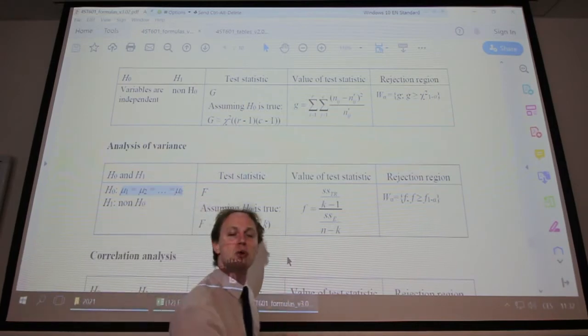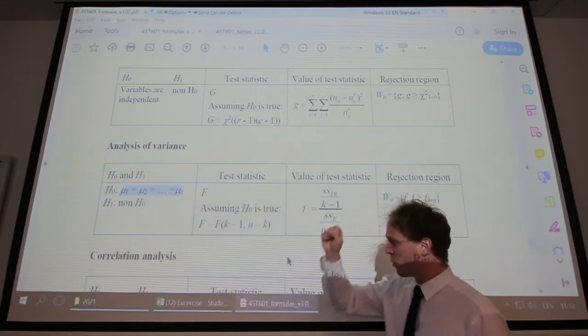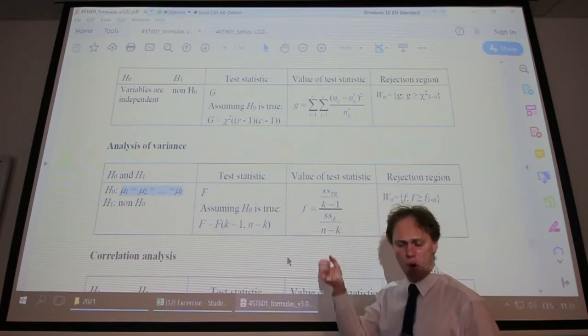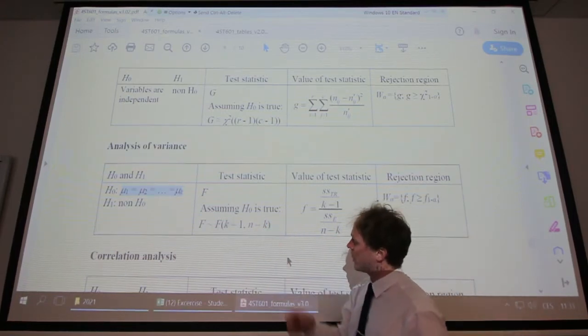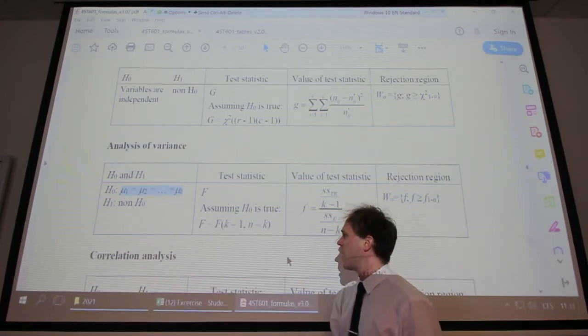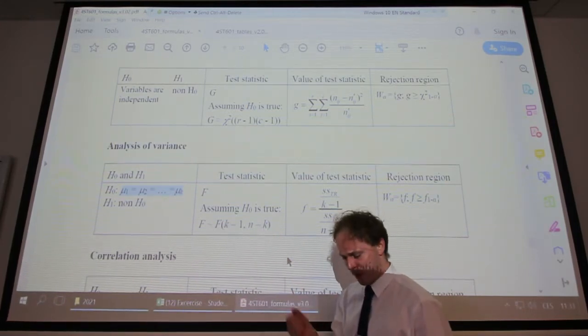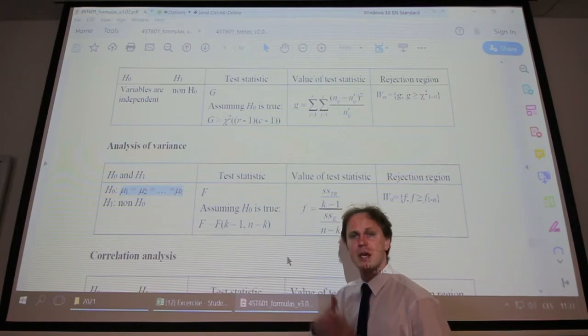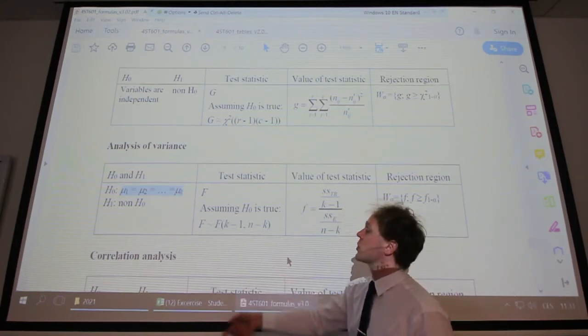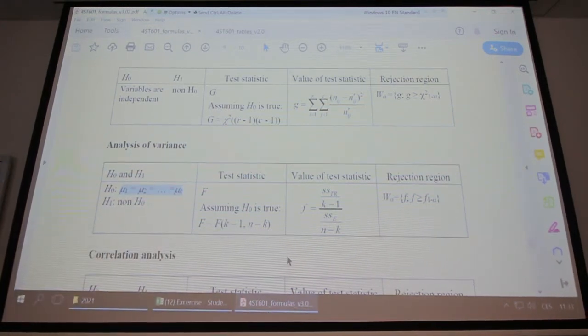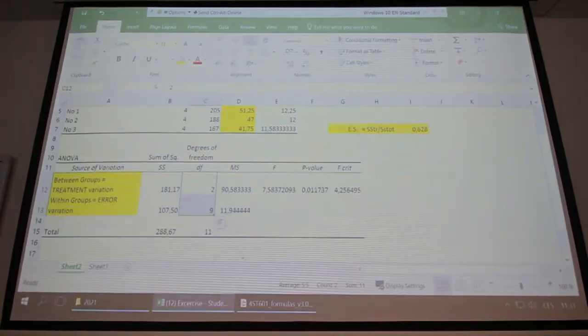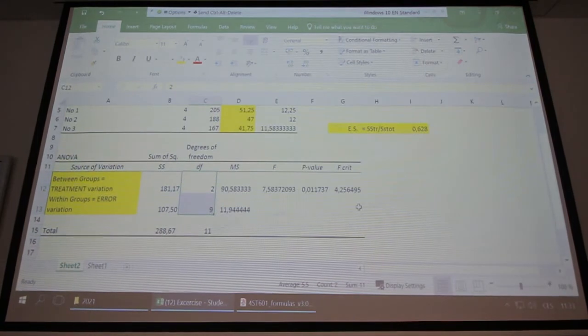How many students do we have? 4 plus 4 plus 4, 12 together. 12 students minus k, the number of teachers, 3. 12 minus 3 is equal to 9. So 2 and 9 degrees of freedom, and you can verify that we have calculated 2 and 9 here.